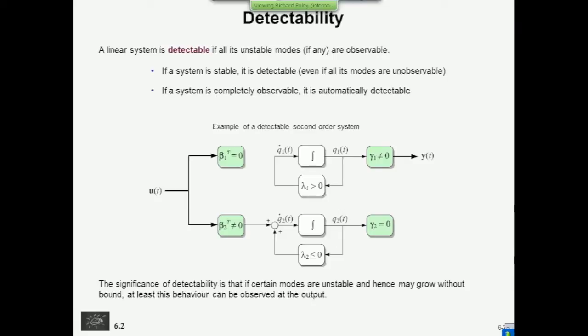Though it's not observable, because it's stable, the system is said to be detectable, meaning that if there's any internal oscillation involved, anything that's unstable inside the system, at least you can detect that. So I've defined controllability and observability in two ways, and I've defined stabilizability and detectability, which are controllability and observability, but addressed only to the unstable modes.